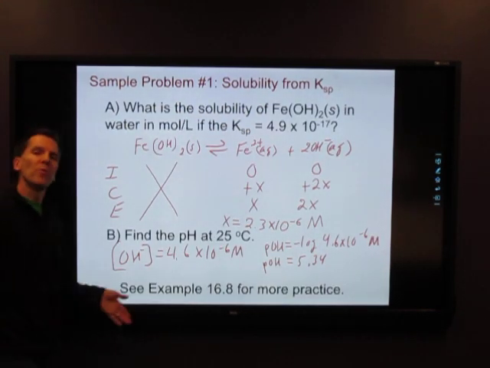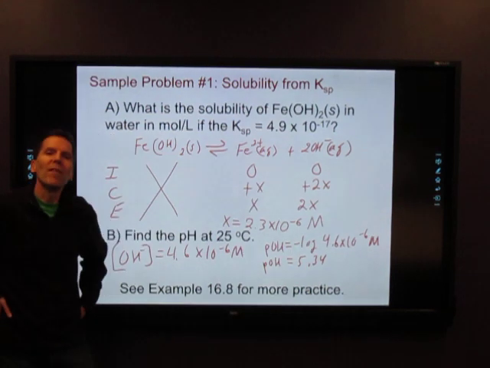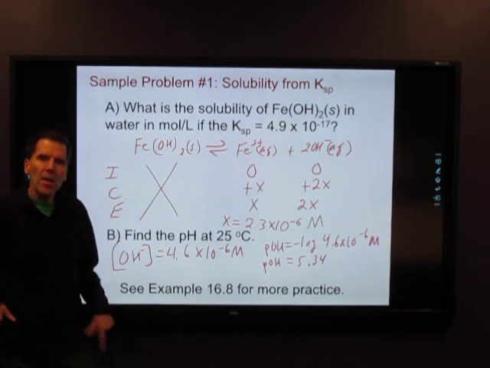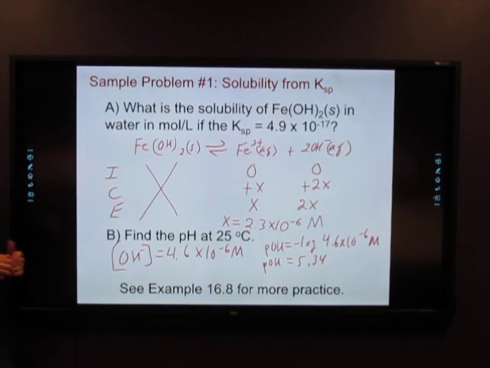So depending on how you round things off, you should get a value very close to 5.34. And it's almost done because the problem is looking for the pH.